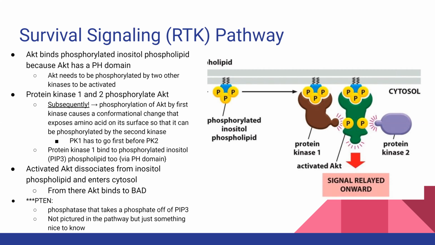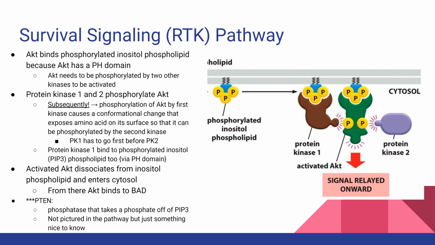So then at this point, your AKT is active, and it will actually dissociate from the inositol phospholipid, which is in the PH domain at the top of the green protein, and from everything else, and then it will enter the cytosol. And then from there, AKT will bind to BAD, but I will get to that on the next slide.